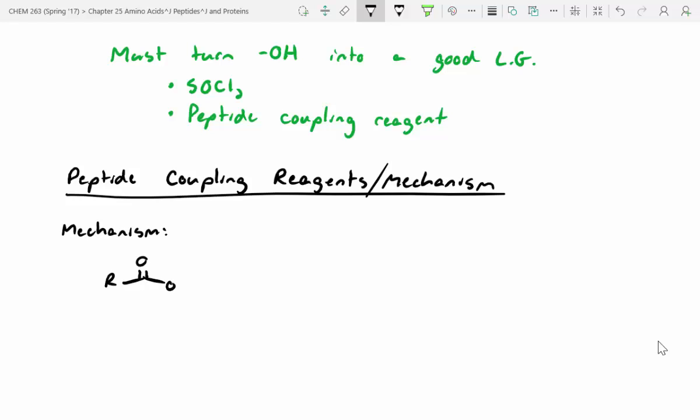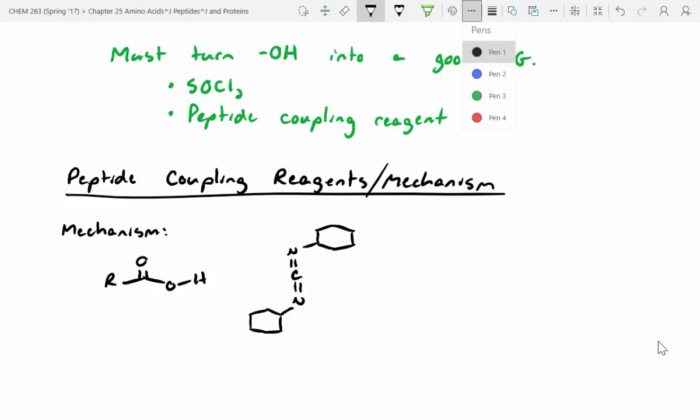I'll show you guys what it looks like. So the first thing you do is you have your carboxylic acid, and then you have this other reagent. It looks like this.